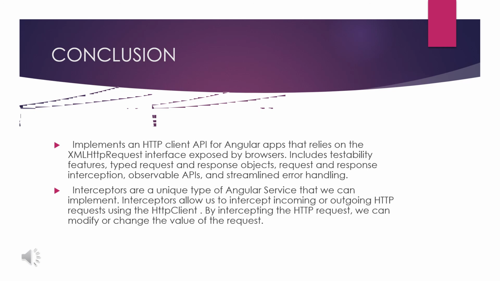It's nothing complicated. We have already seen that. The same thing is here, and we also have an interceptor, which is used to modify or change the value of the request during this process. That is an advantage of this.